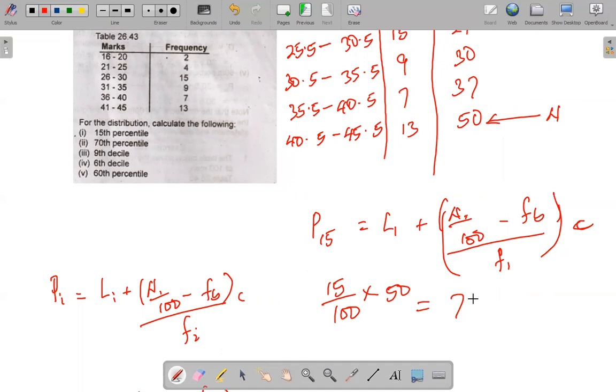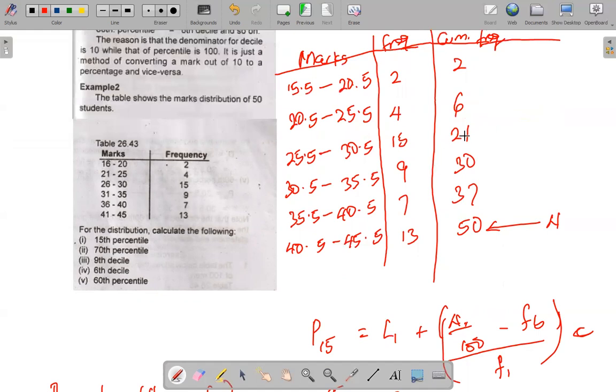So the 7.5th item in our cumulative frequency will give us the percentile in question. So we'll go back to the table. We have 2, 6. So 7 should lie in this 21 here, since the cumulative frequency before 21 is 6, which is now up to 7. The 7th item is right here.